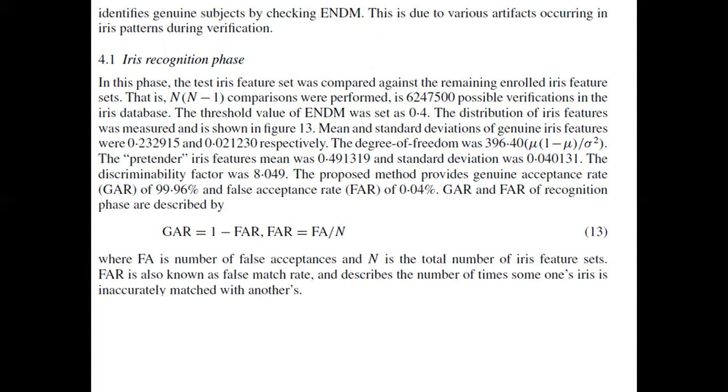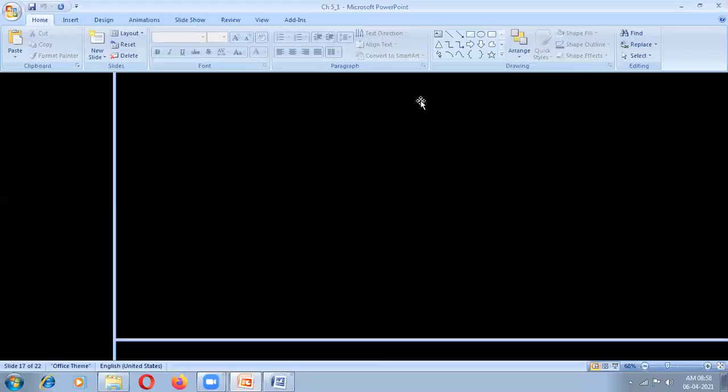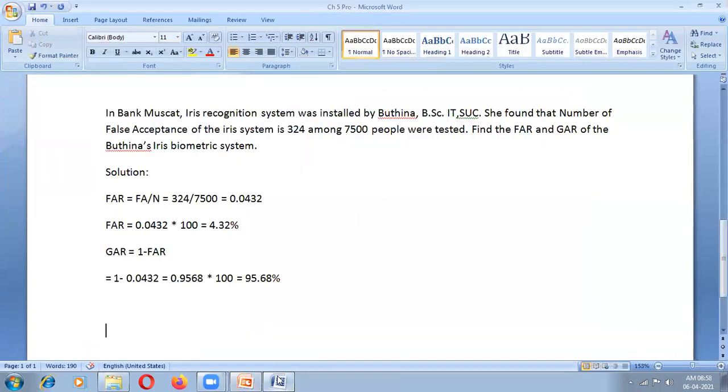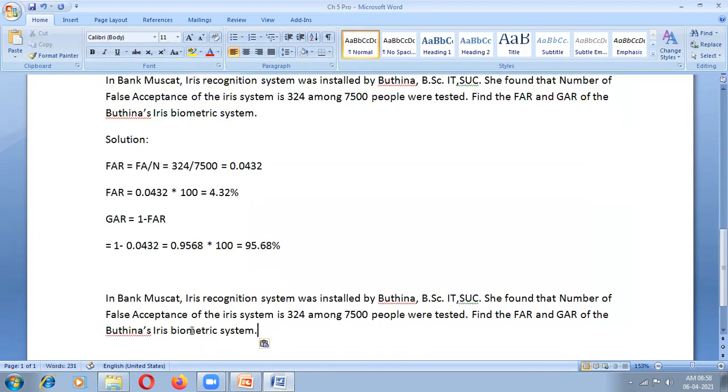False acceptance divided by n is the false acceptance rate. False reject rate, it will be rejected by mistake. How much? That is what we need to calculate. So for that, in the confirmation phase, we are going to use the formula for the problem for our final exam. The same content I am going to change for you a little bit.